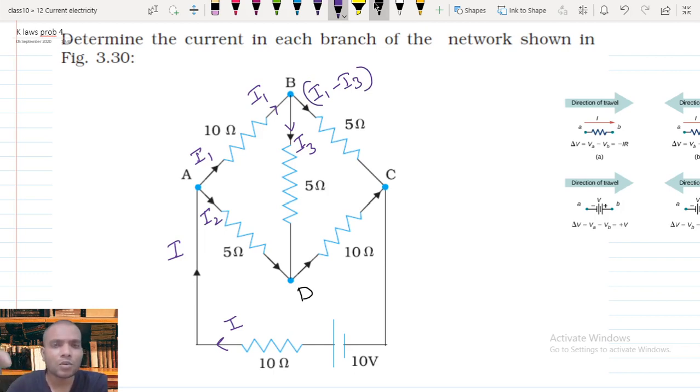My suggestion is that there is no need to introduce different numbers. You need to apply the junction rule here: current entering a junction should equal the current leaving the junction. So instead of I1 minus I3, if you take I4, you won't get any result.